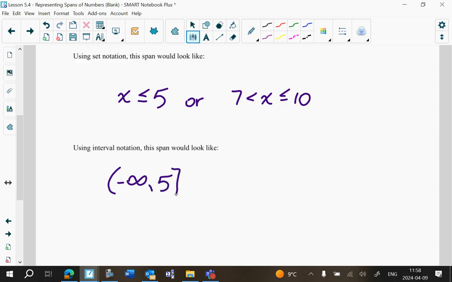And then for this one, 7 with a parenthesis, comma, 10 with a bracket. And now to connect them, the mathematical notation we use for the word or is a U, which means you're uniting the 2 sets. Okay, so these actually mean the same thing, except we use this symbol in interval notation, we use this word in set notation.